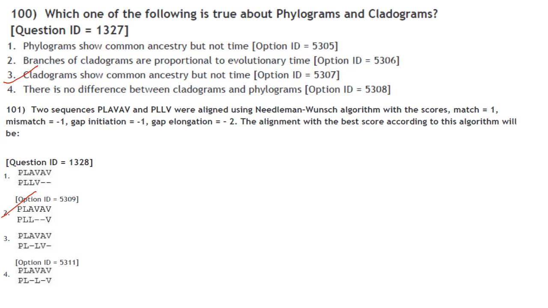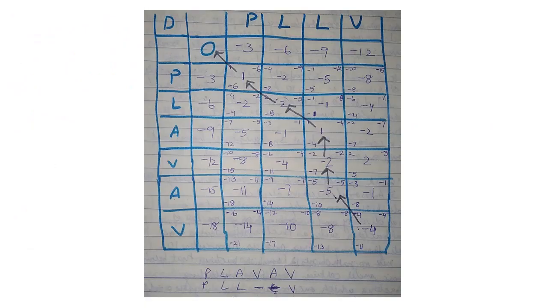How to solve this algorithm? I have given a link in the description box. You can refer to that link. It is also a YouTube channel, but the algorithm has been very beautifully explained, how to calculate all these things, and based on that, this is how I got it. So gap penalty you have to calculate.